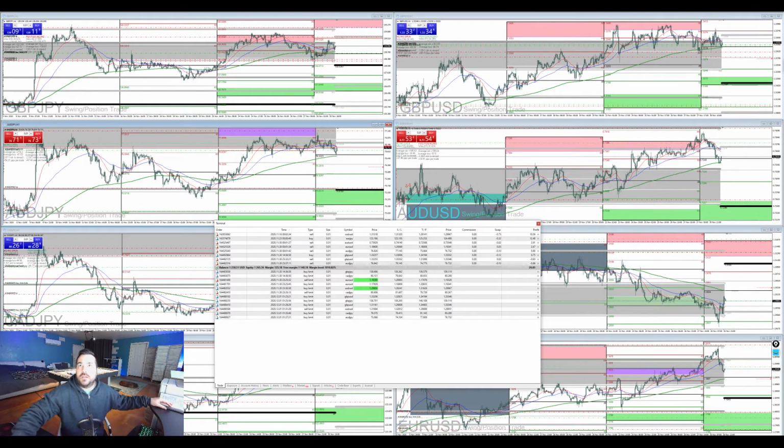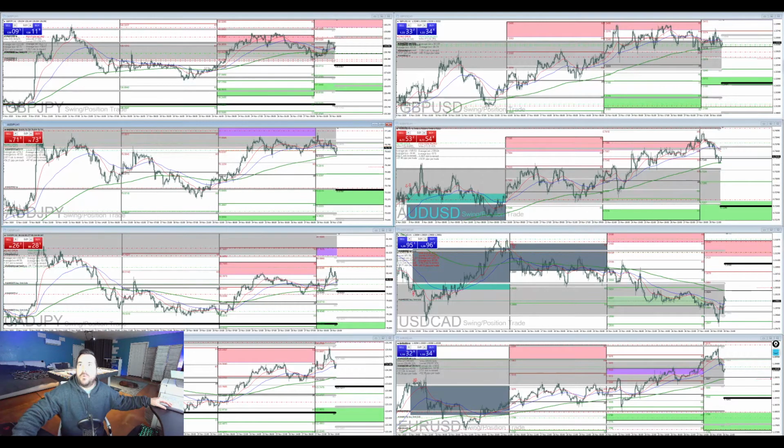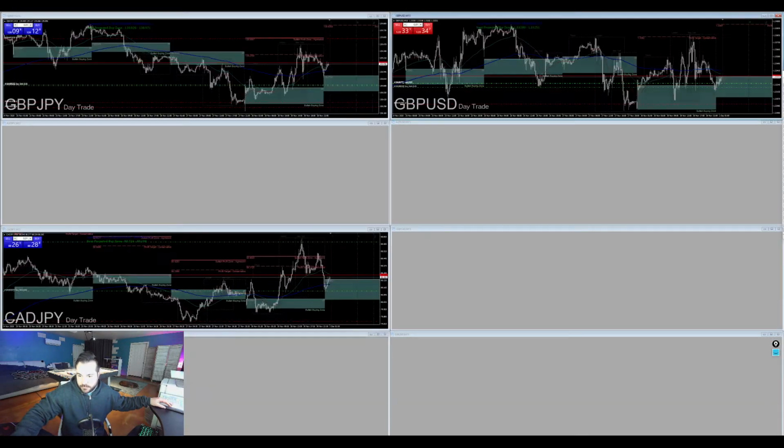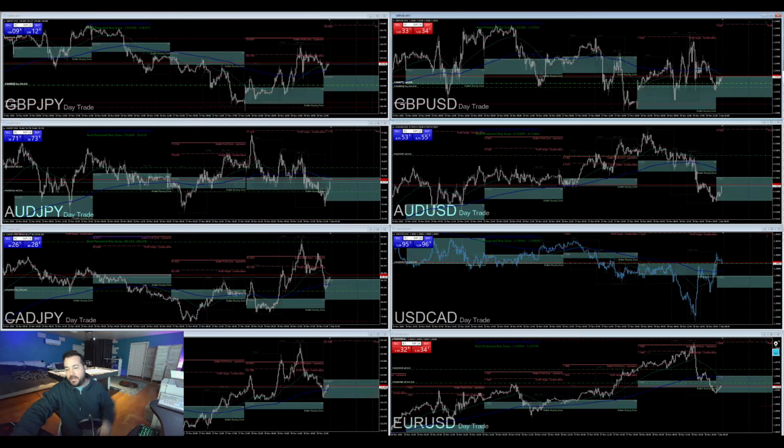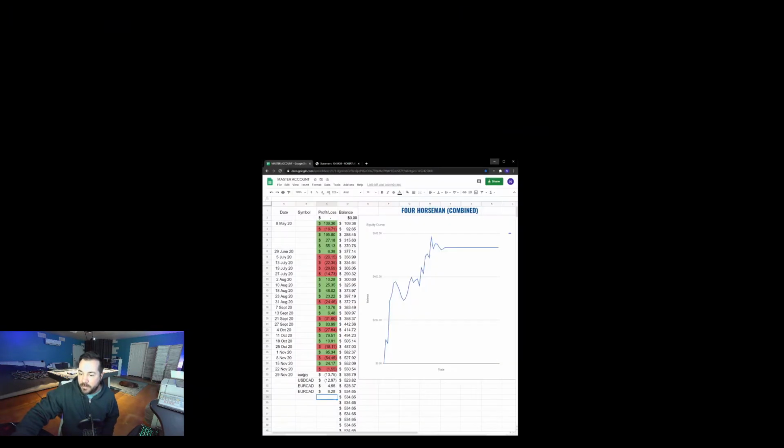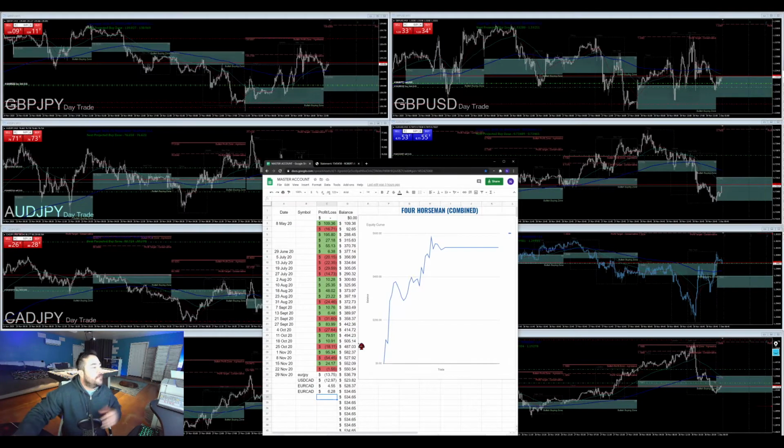Let's go ahead and take a look at where we're at on stats. Okay, let me get to my dark charts here. This is really bright. Okay, that's much better. All right, so not that great out of a week. It was starting off promising, but right now we got some floating on the four horsemen.